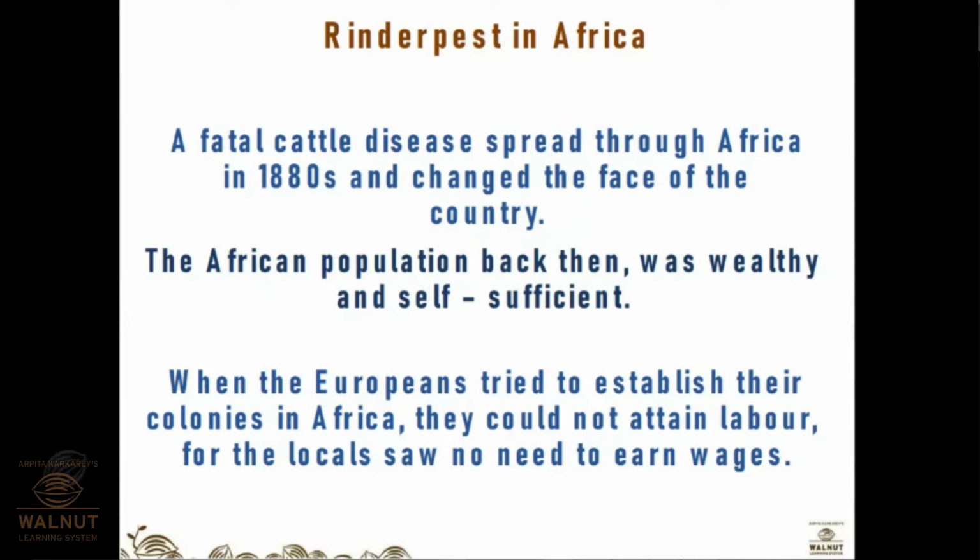They were so well off, they had enough money, enough currency for themselves. They were self-sufficient. So, when Europeans tried to rule Africa, they found they had a very small amount of labor in their hands because no one was ready to work for them.